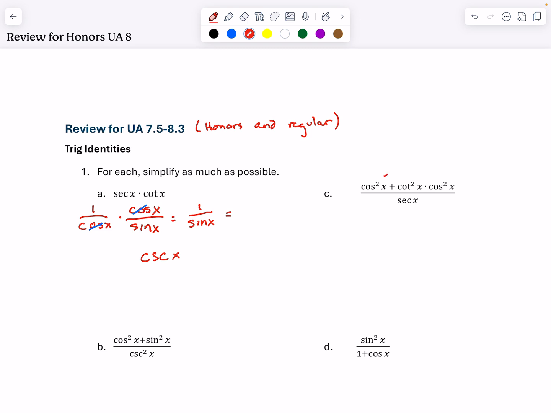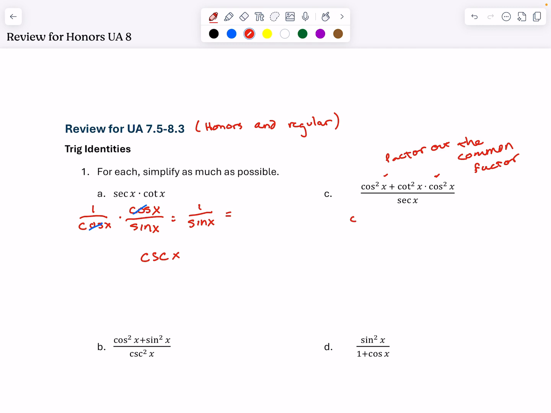Cosine, oh, look, I see a pair of cosine squared. So let's factor out the common factor. I'm not going to immediately turn cotangent and secant into things yet, because the Pythagorean identities have some, like, 1 plus cotangent squared is cosecant squared, so that might happen.